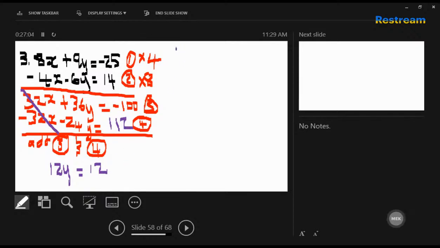So y would be equal to 12 divided by 12, which is 1.